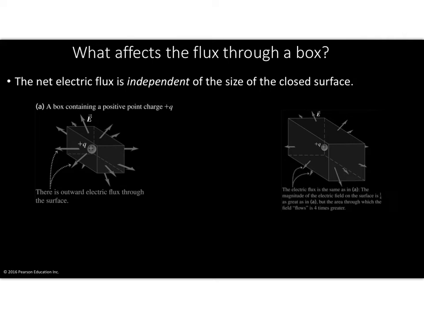Another thing that we want to talk about is the size of the surface. I already covered this in another picture, but just to reiterate, if I change the size of the box, it's not going to affect the electric flux, because the smaller box will deal with a stronger electric field, but smaller area.